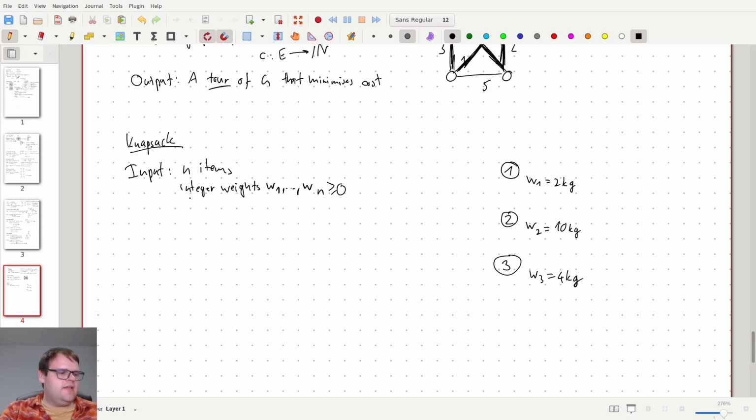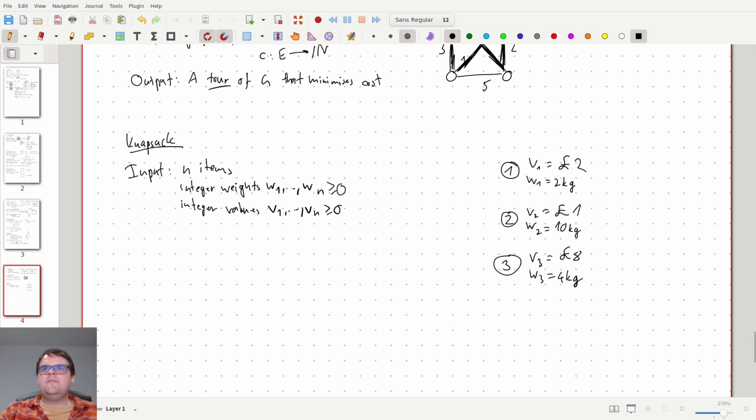And then we also have integer values. So what's going to be the value of each of these objects? v1 up to vn, all positive. For example, let's say this one has a value of 2 pounds, this one has a value of 1 pound, and this one has a value of 8 pounds, right?